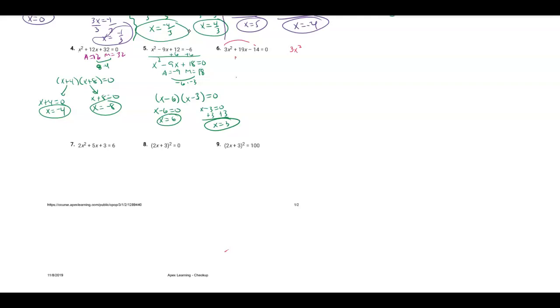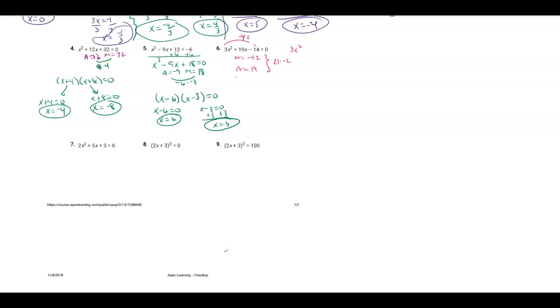Now we have to find the numbers that multiply to give us 3 times negative 14, which is negative 42, and add up to 19. If I look, this would be positive 21 and negative 2.